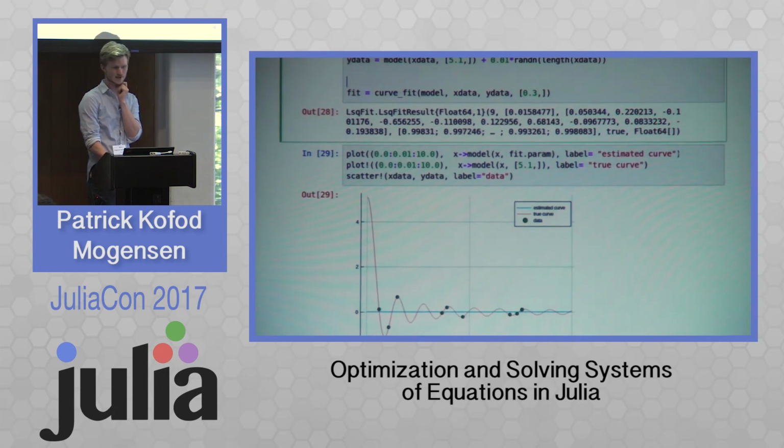The model is like this, and we generate some data. We use curve fit to fit the curve to the data, and then we plot the result here. For this realization, we don't do that well. The blue one is the estimated one, the green dots are the data, and the true curve is like that.